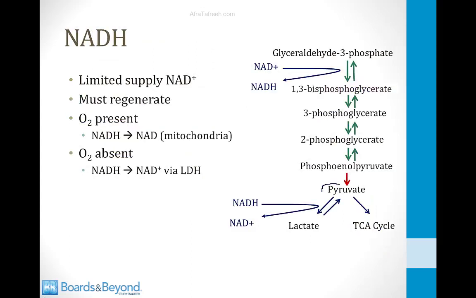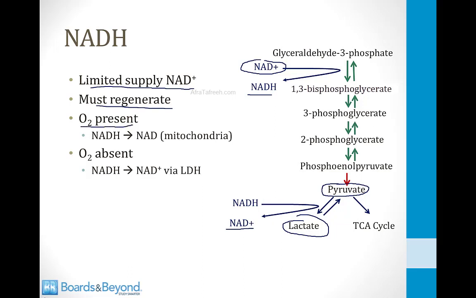Another important feature of this conversion of pyruvate to lactate is that it regenerates NAD+. Recall that we used a molecule of NAD+ in the first step of the priming stage of glycolysis. We converted it into NADH. It turns out that cells have a very limited supply of NAD+, so they need to regenerate this in order to continue conducting glycolysis, which is vital to the cell. Now, if oxygen is present, this is no problem.